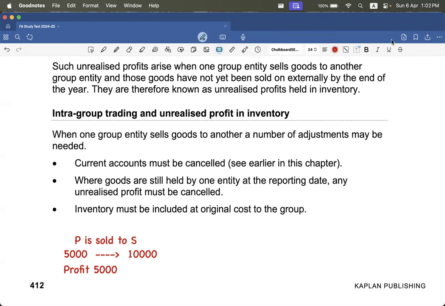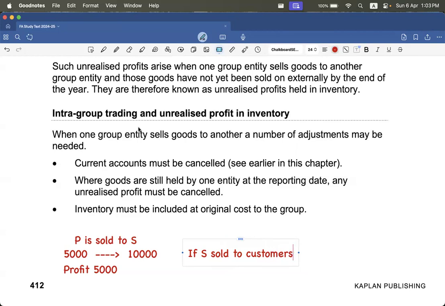If S sold this entire inventory to the customers, then there is no scope for unrealized profit.